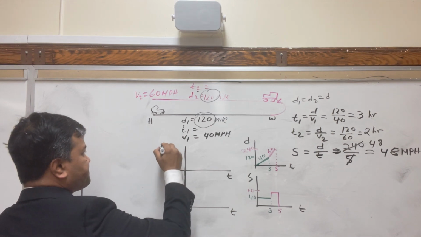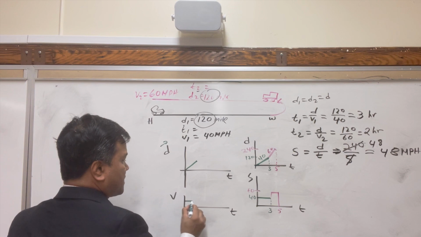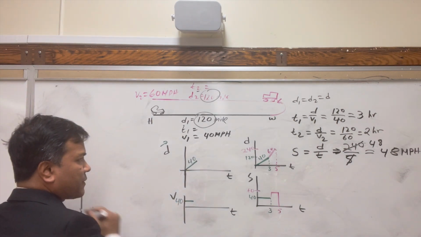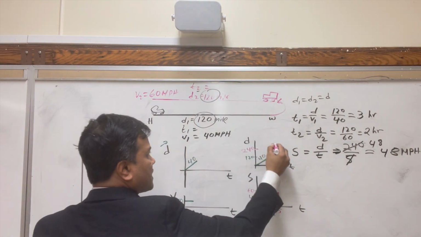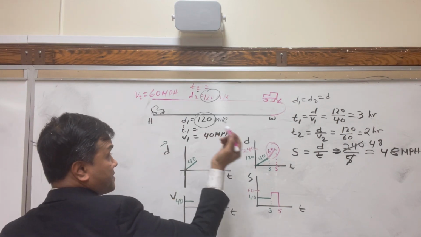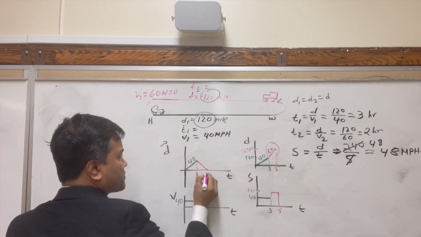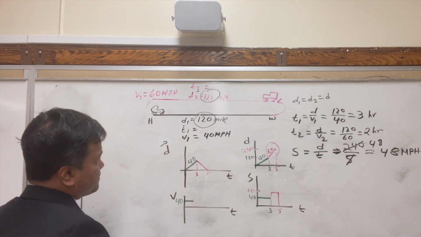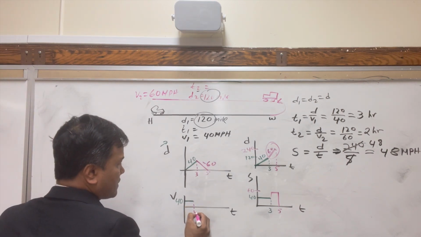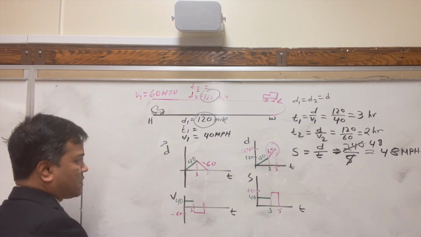So now displacement. This one is the same and this one of course is the same. This one is 40 and this one is 40, no problem. This one of course is the other way, and displacement of course is 0, so this is 3, this is another 2, so this is 5, and this is negative 60.